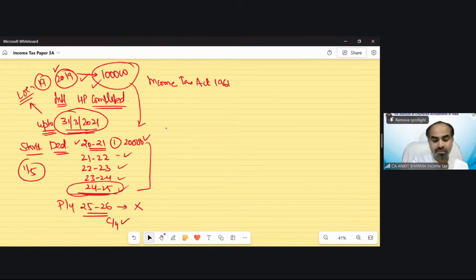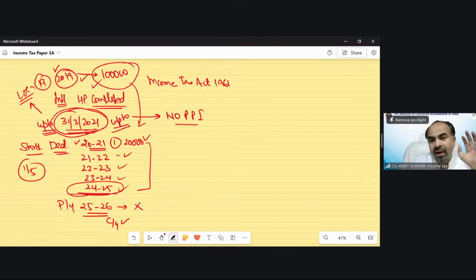So please remember this date, that if in any question the house property has been completed up to 31st March 2021, then it is a universal rule that no PPI is required to be calculated or deducted.